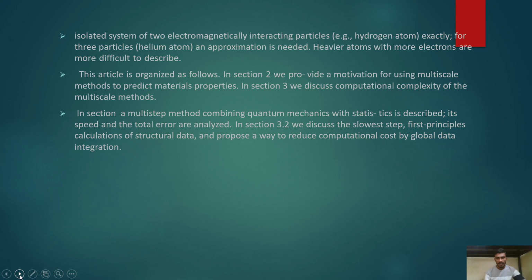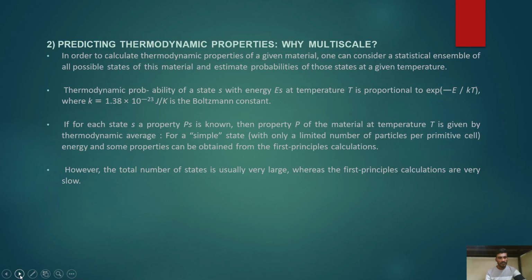In section 3 we discuss computational complexity of the multi-scale methods. In section 3.1, a multi-step method combining quantum mechanics with statistics is described, and the total error is analyzed in section 3.2. We discuss the slowest step, calculations of structural data, and a way to reduce computational cost by global integration.